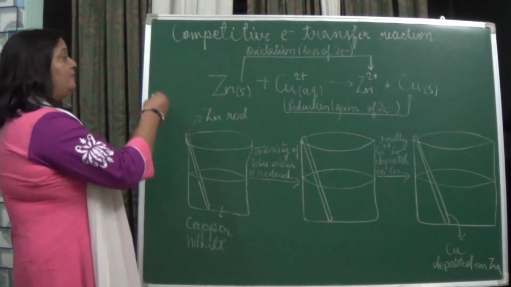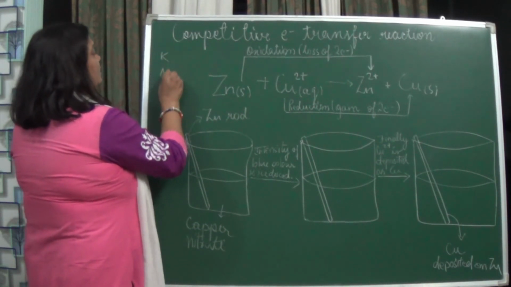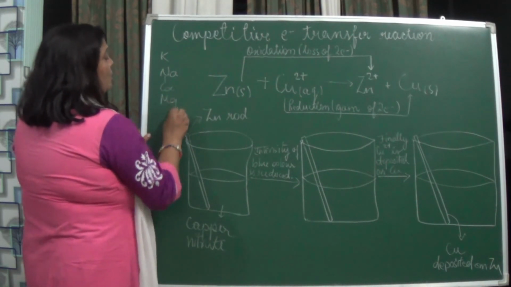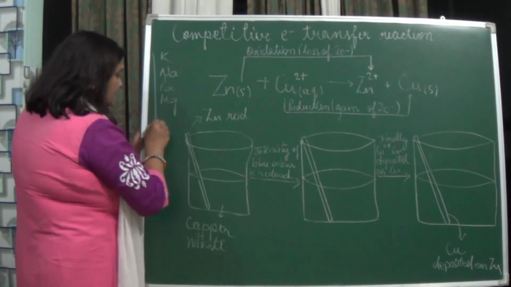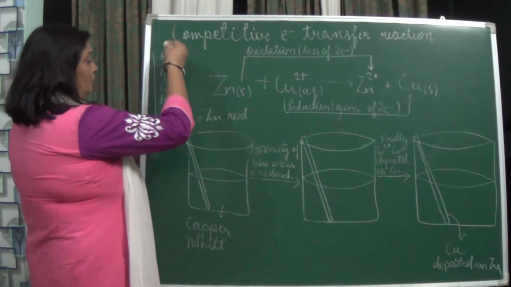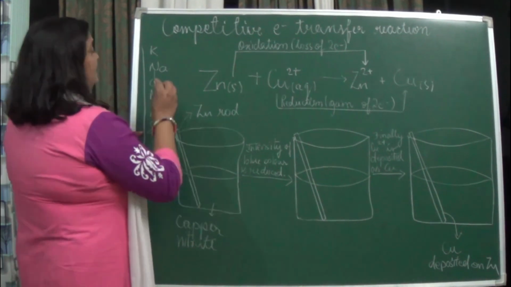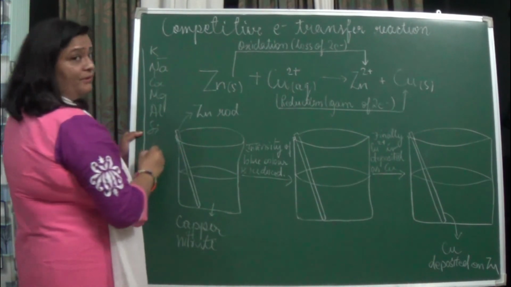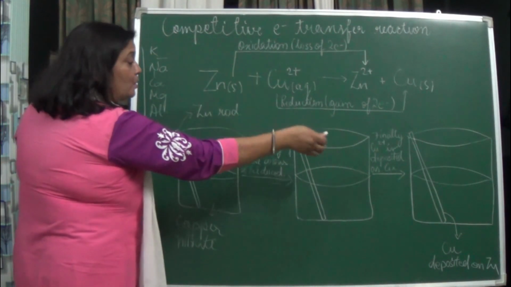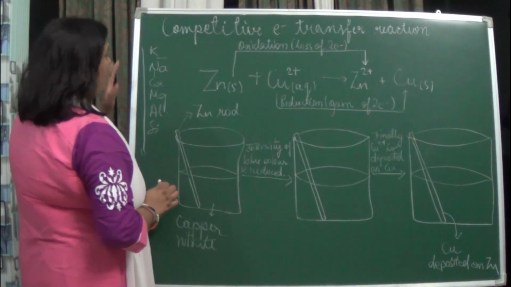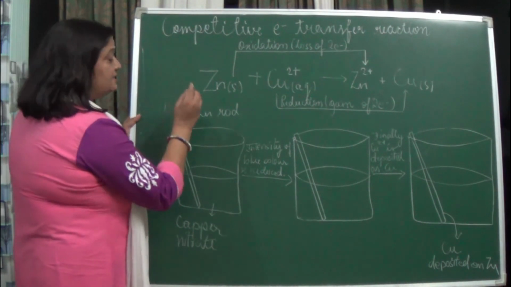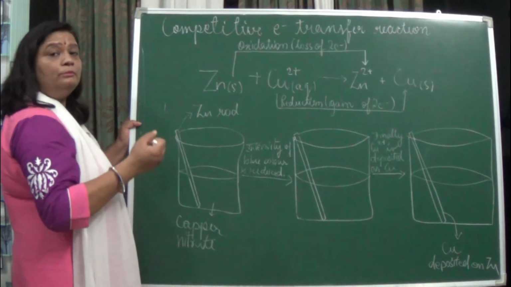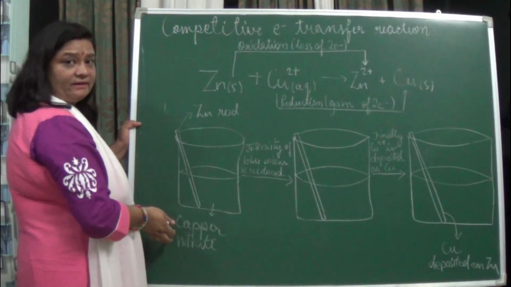Going along the series of potassium, sodium, calcium, magnesium, aluminium, those with more potential can lose electrons more easily. That is why the zinc element has more potential to give electrons than copper.